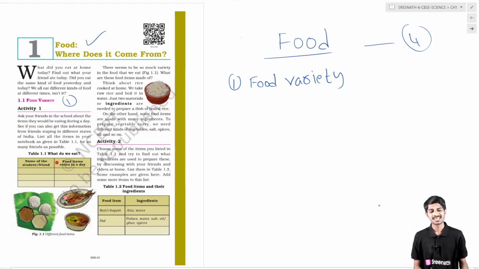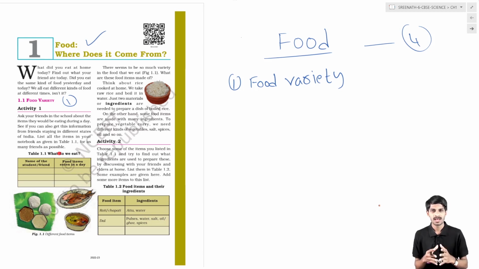Okay, so basically we have different types of food varieties. In the morning we eat some tiffins, in the afternoon we have some other food items, rice items or wheat items. In the evening we eat some others. In snacks we eat some other varieties. So basically there are different food varieties available in the present scenario. We eat different types of foods. We love different types of food.